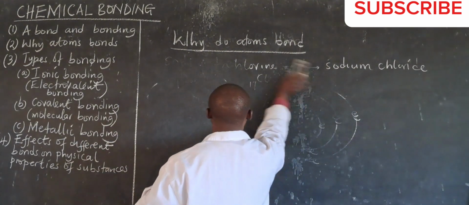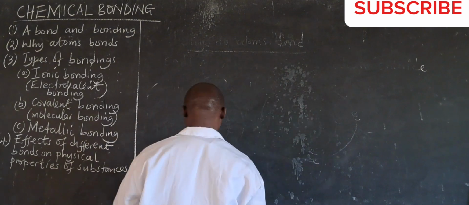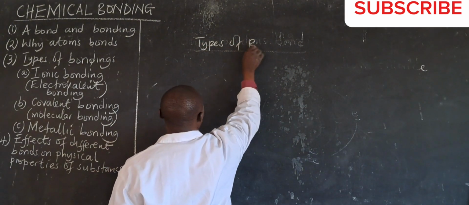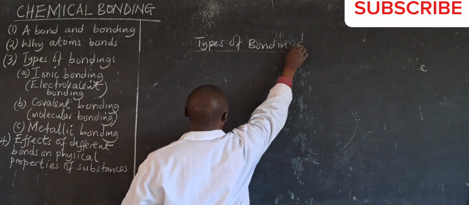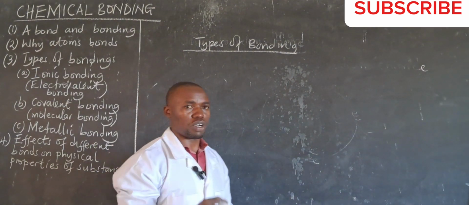So, we are looking at the next thing, the types of bonding. Now, we said there are 3 types of bonding that we are going to talk about.